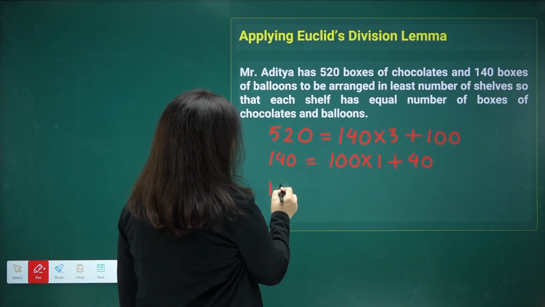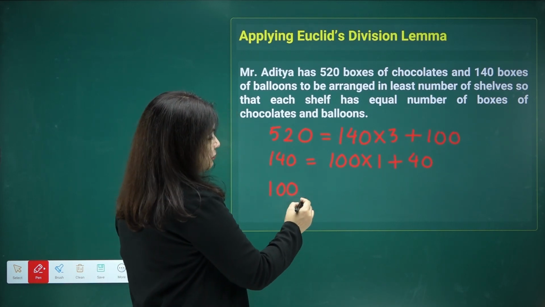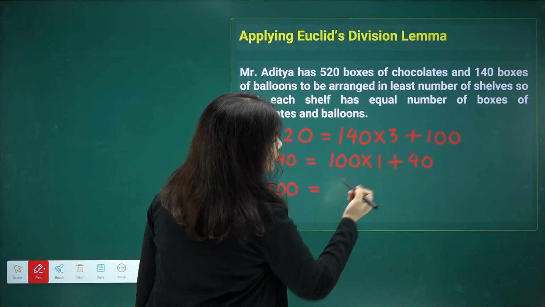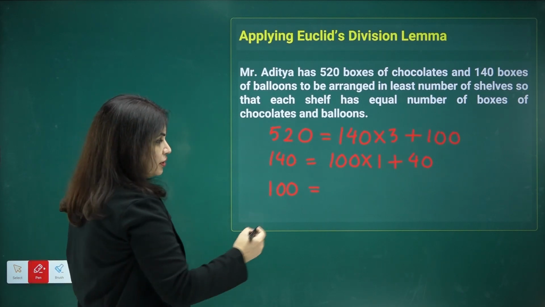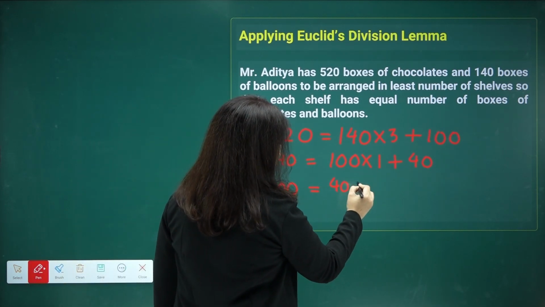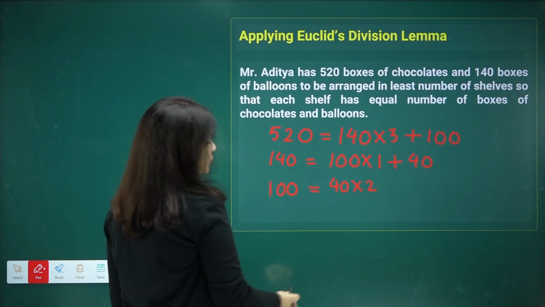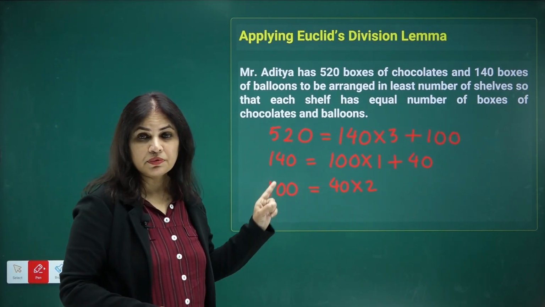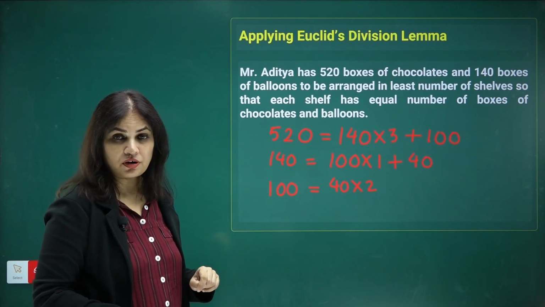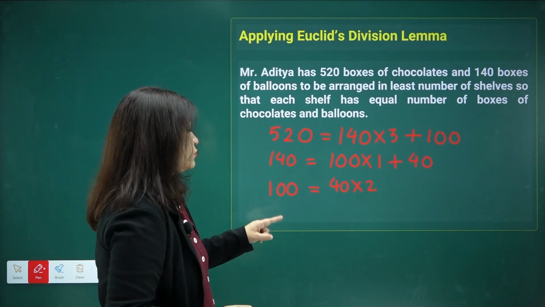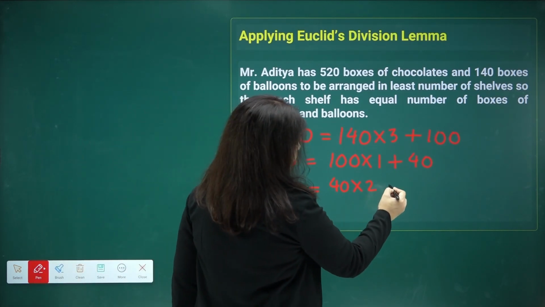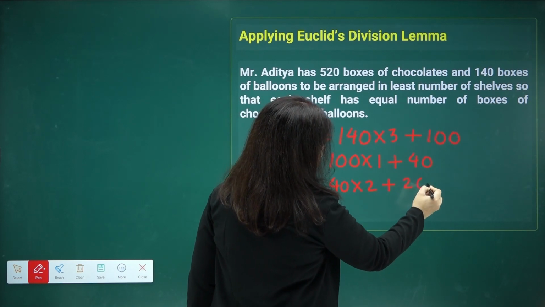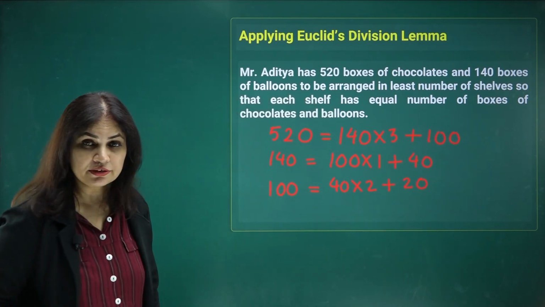Again, I will divide this 100 using the leftover number 40. 40 into 2 will give you 80, because 100 is not an exact multiple of 40. So 40 into 2 will give you 80. 80 plus 20 makes it a complete 100.